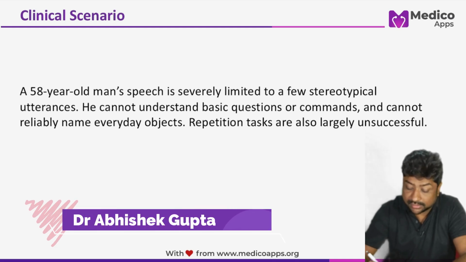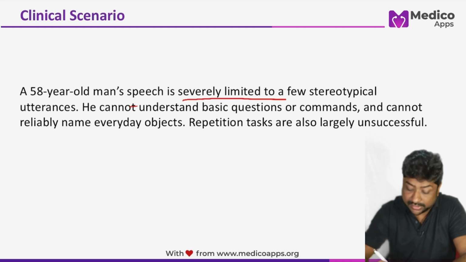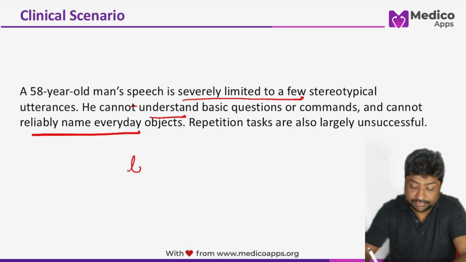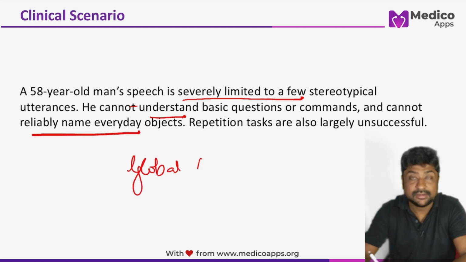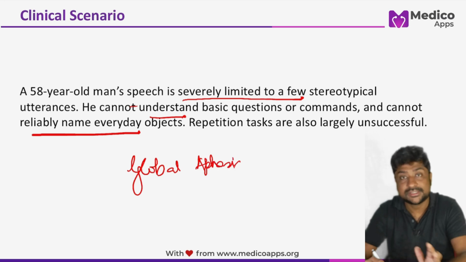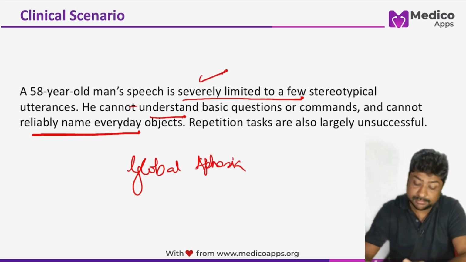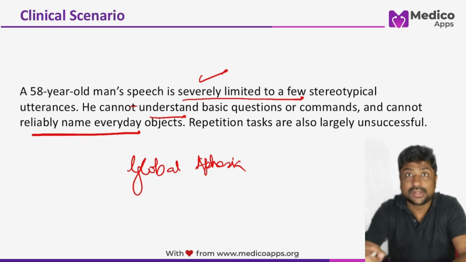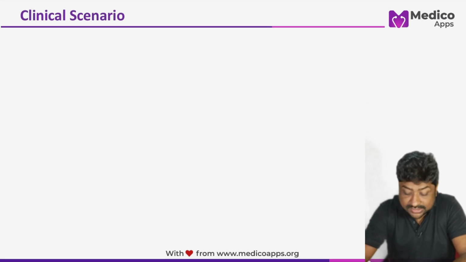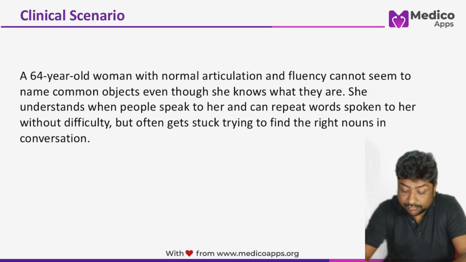A 58-year-old man, speech is severely limited to a few stereotypical utterances, he cannot understand, and cannot reliably name everyday objects. So this is a clear-cut example of global aphasia. Understanding is impaired, ability to speak is impaired, global aphasia. Let's look at another clinical scenario.